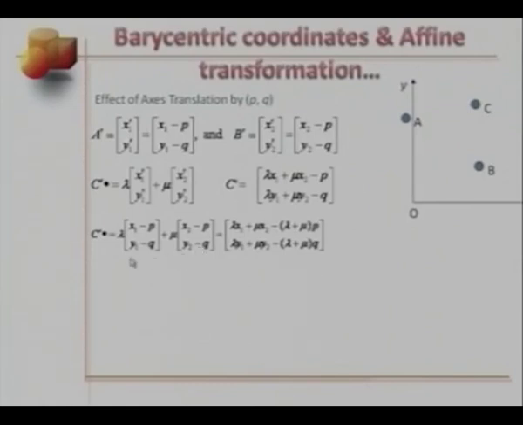The x coordinate of C prime star is lambda times x1 plus mu times x2 minus of lambda plus mu times p, and the y coordinate is lambda times y1 plus mu times y2 minus lambda plus mu times q.